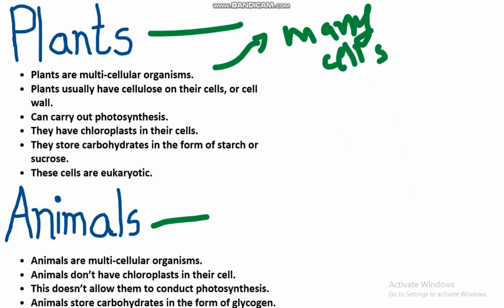They have chloroplasts in their cells, which allows them to photosynthesize and produce their own food. They can create their own glucose, and they store carbohydrates in the form of starch or sucrose.